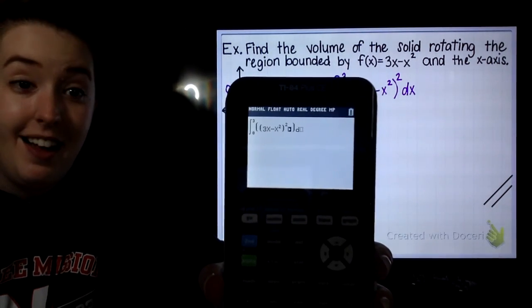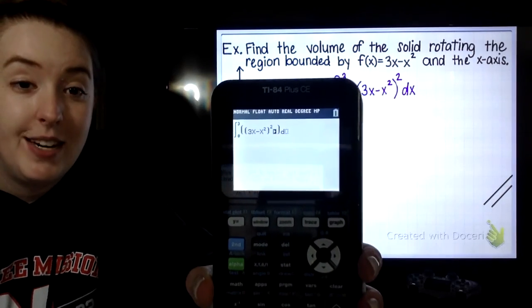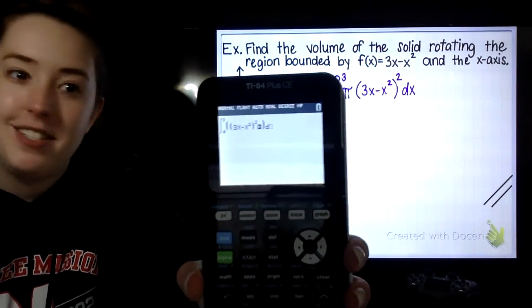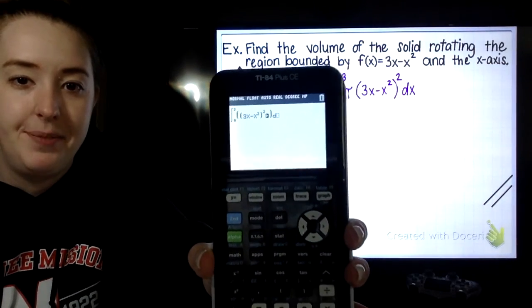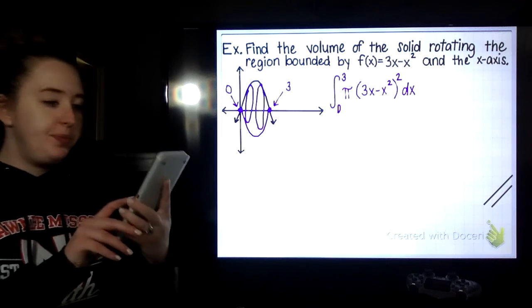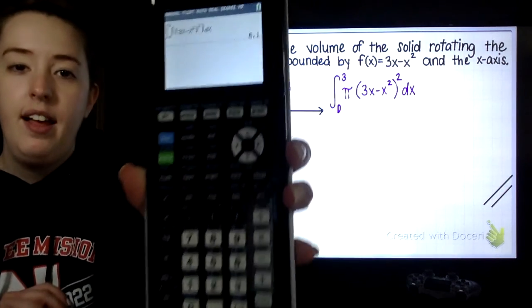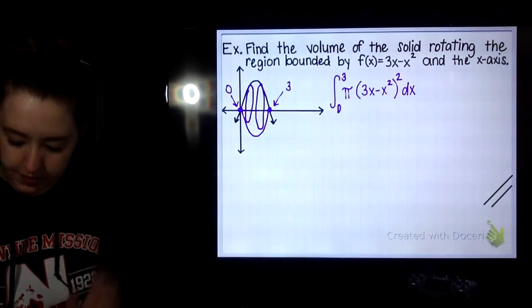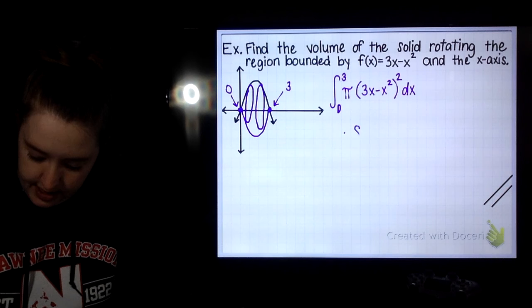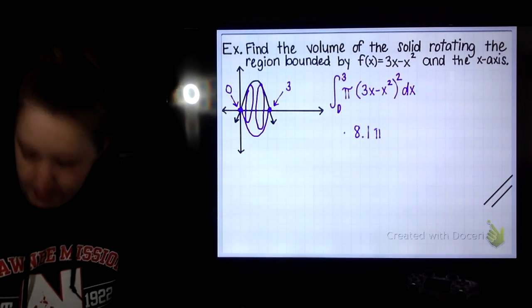I wouldn't doubt if you got a syntax error if you tried to put a squared outside of there. I would just say, hey, slap some parentheses on there and hope for good luck. And then little dx and press enter. And we end up with 8.1. So my answer is 8.1 pi units cubed.